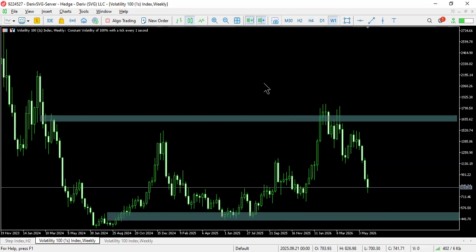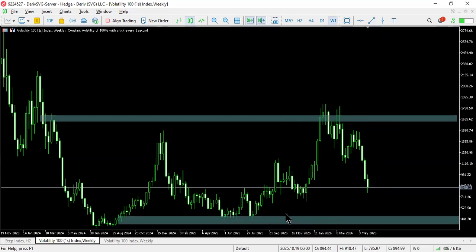Therefore, our bias is pretty much clear from the weekly time frame. Price is moving from the supply, it's heading to the demand. Therefore, we are going to be looking for selling opportunities still until price gets to this demand level. That's when we can change our bias.